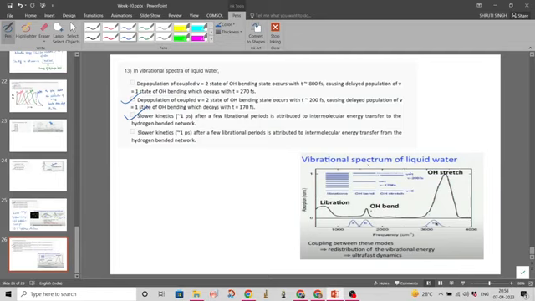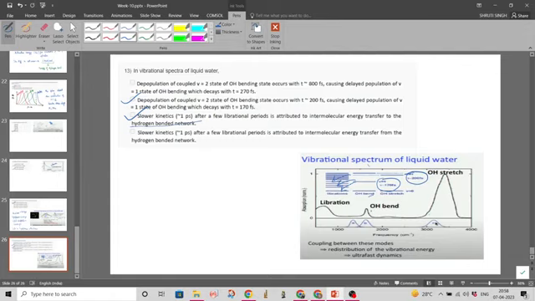So from here to here, this is 200 femtoseconds stretching, this is 170 femtoseconds bending, and the slower kinetics is attributed to intermolecular energy transfer to the libration modes. Libration modes are due to the hydrogen bonded network.